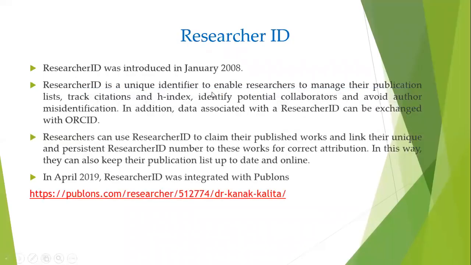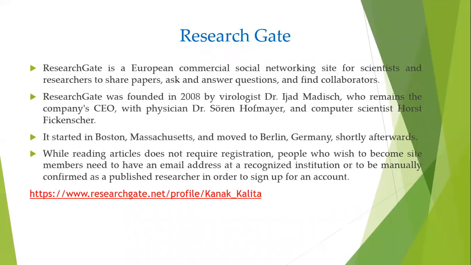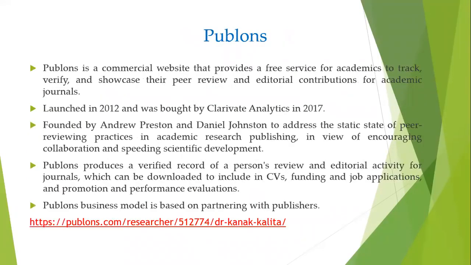You cannot create it manually, because you need to have at least one paper in the Web of Science database to have the researcher ID, similar to the Scopus, where you need at least one Scopus paper to have the Scopus ID. And we'll look at what ResearchGate is, but before that, let us look at what PUBLONS is.